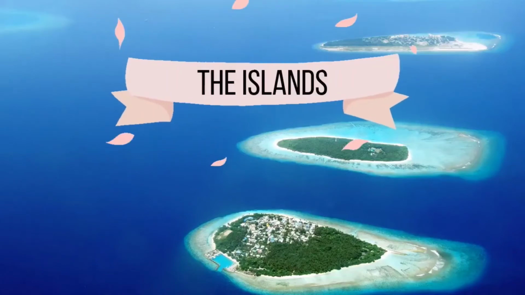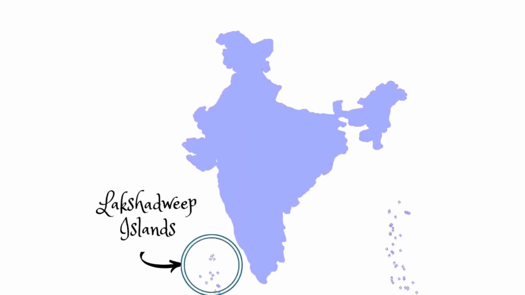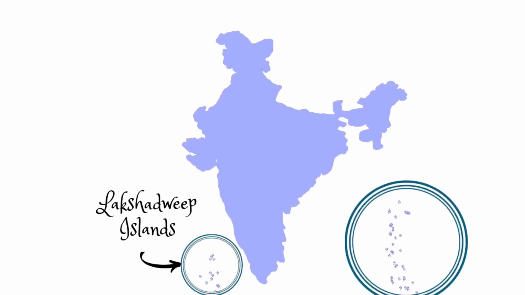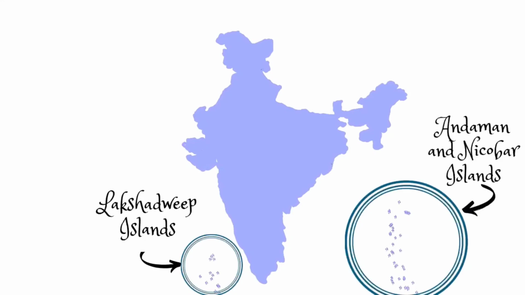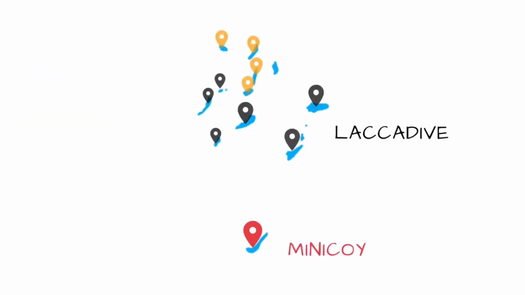Then we need to know about the Indian islands, the major groups being the Lakshadweep islands and the Andaman and Nicobar island groups. Why am I telling you these groups? Because India has more than 150 islands. It includes major coral islands like Minicoy and Lakshadweep.